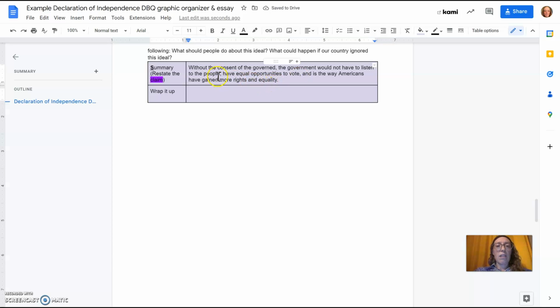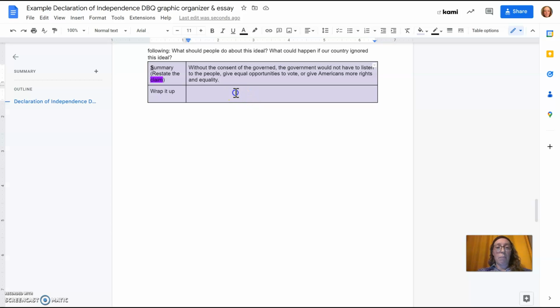And it would not have to give equal opportunities to vote. And Americans would not have gained more rights and equality. Or give Americans more rights and equality. There we go. Alright, so I just got my claim written and restated.